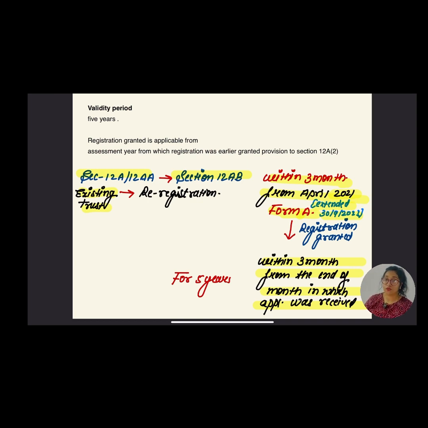And the registration would be granted within 3 months from the end of the month in which the application was received. So once the application is received, within the next 3 months the registration is going to be granted, okay. So for how many years? For 5 years. Hope this point was clear.